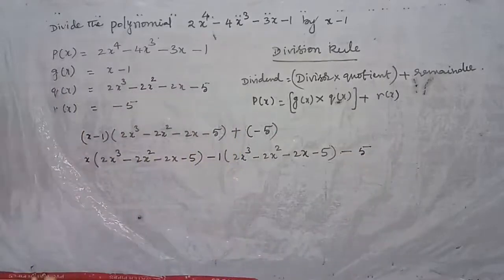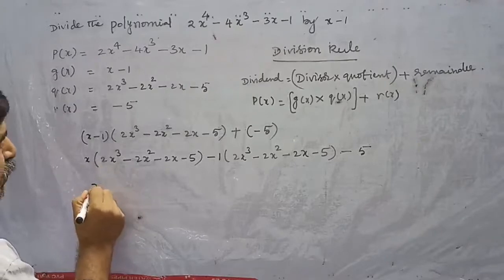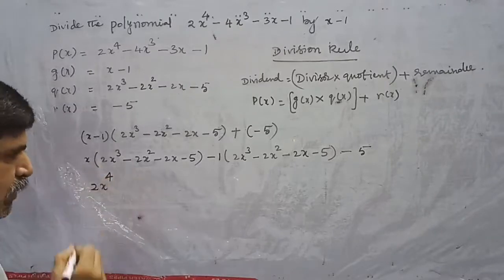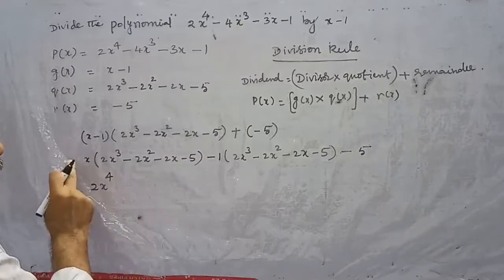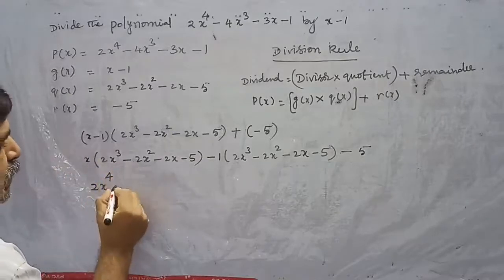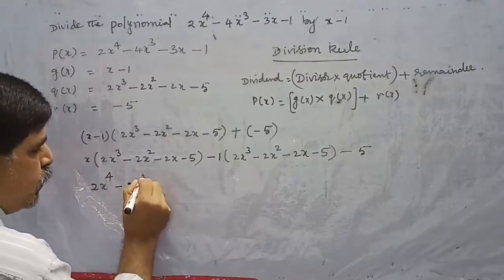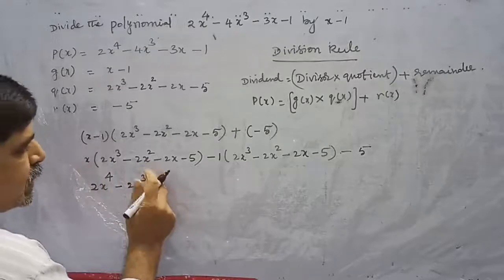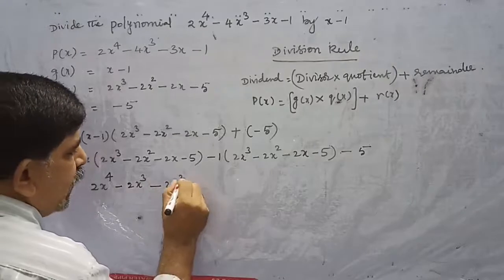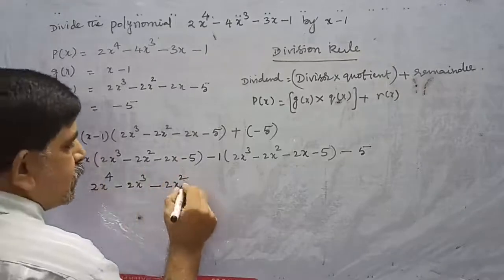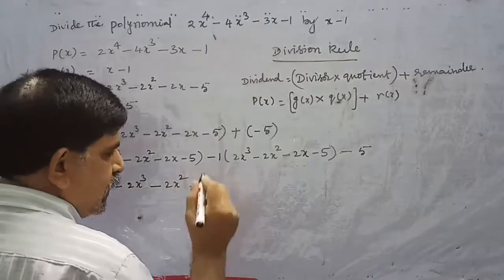Now x into 2x cube, that is 2x to the power of 4. X into minus 2x square, minus 2x cube. X into minus 2x, minus 2x square. X into minus 5, minus 5x.